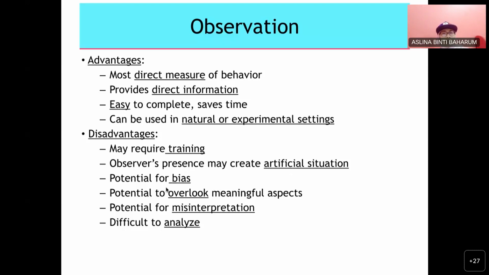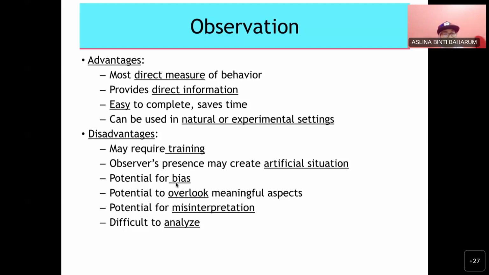Potential for bias, of course, because maybe what you observe, you think, oh, this is the same as me. Or maybe you observe your friends. Just pretend, okay, we want to observe how you do this. Do a good one, bias. You tell them to just show the good behavior.